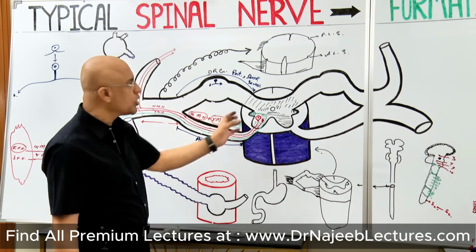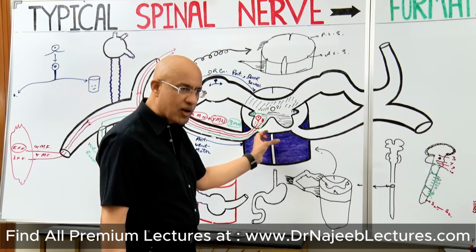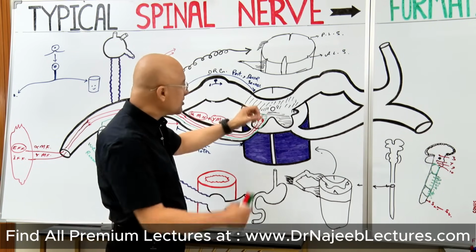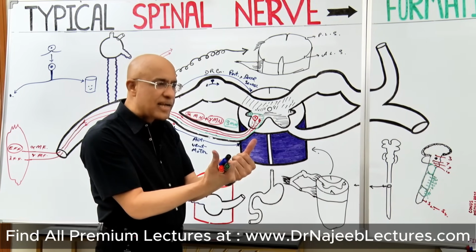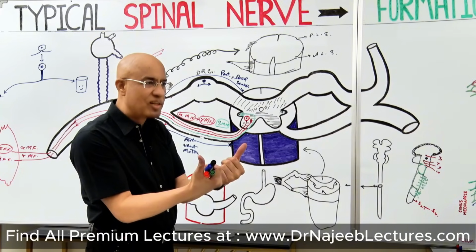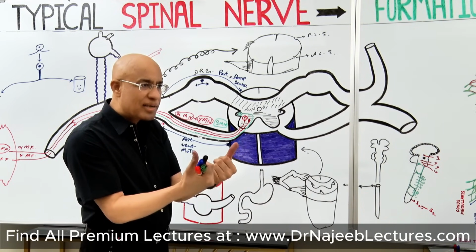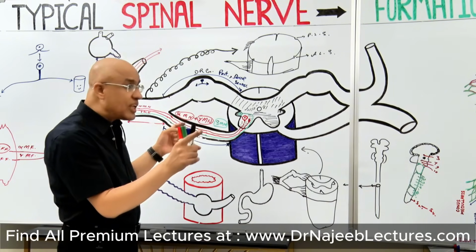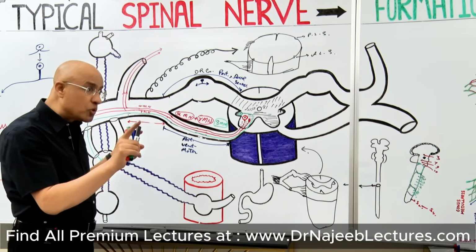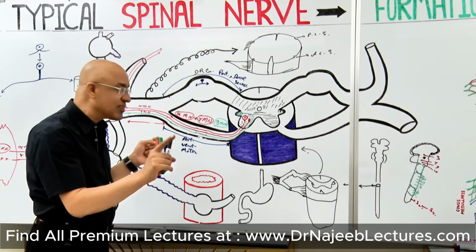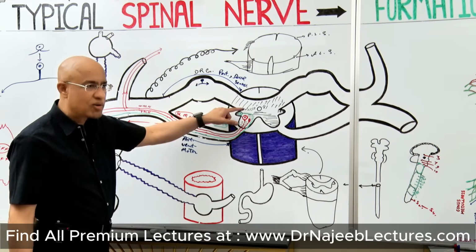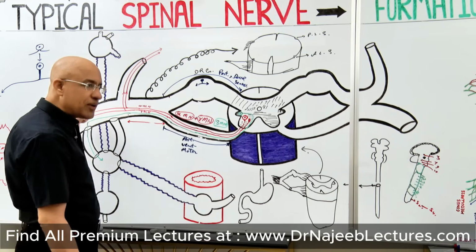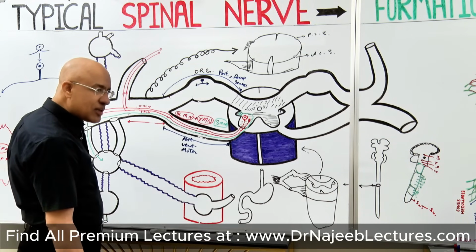The answer is that when the neural tube was developing embryologically, some of its cells detached and made neural crest cells. Some of those neural crest cells converted into pseudo unipolar cells, which connected on one side to the spinal cord, and on the other side to the periphery, to the receptors.